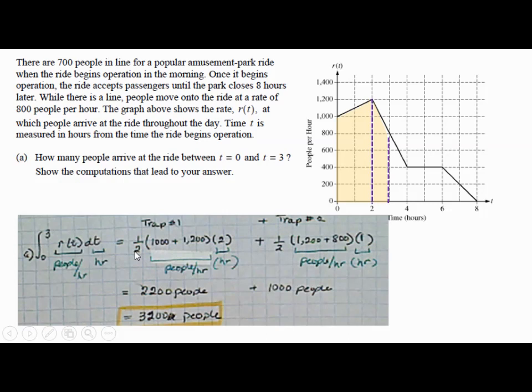So it's 1/2 times base 1, which is 1,000 right here, plus base 2, which is 1,200 right here, times the height of the trapezoid, which is the distance between the two bases, plus trapezoid 2, which is 1/2 times base 1, this line right here, plus base 2, which is 800 at time 3. See, it ends at time 3. Times the height, which is 1, the distance between 2 and 3. When you calculate all of that out, trapezoid 1 plus trapezoid 2, you get 3,200 people.